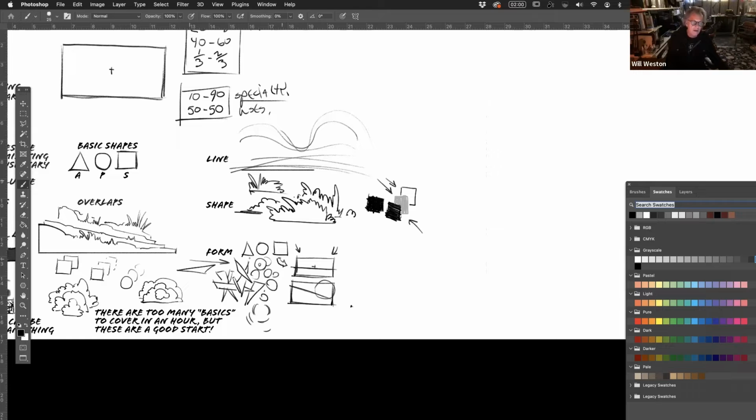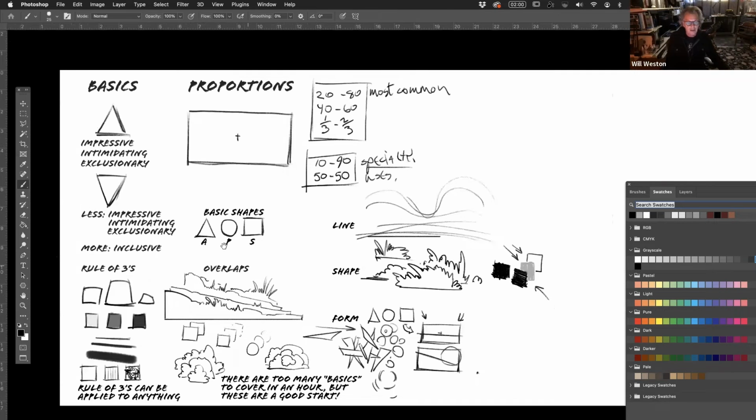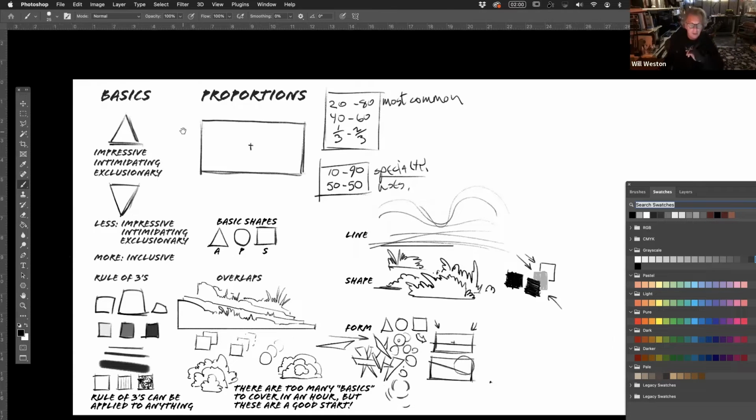So let me come up here and show you this rectangle here. When I'm teaching this class to different people, I basically limit measurement. So I'll come in here, and right in here, we have a measurement that's based on 1/3, 2/3.